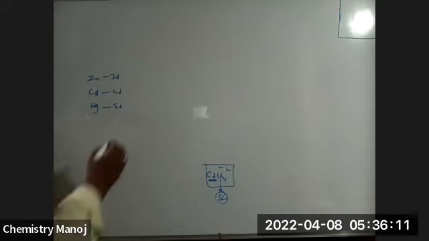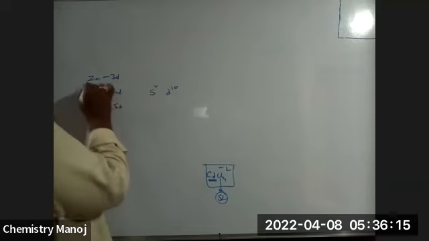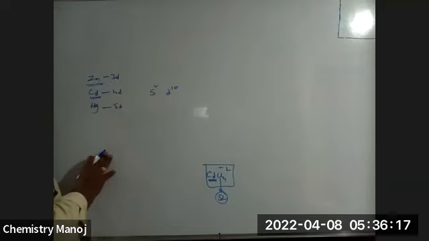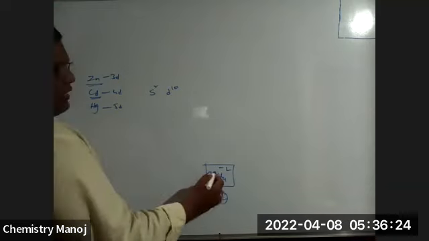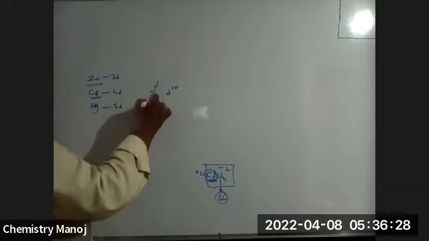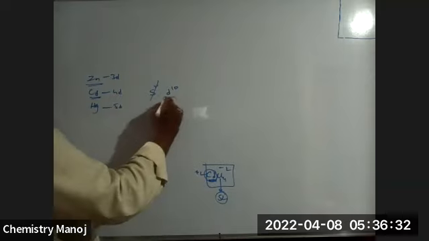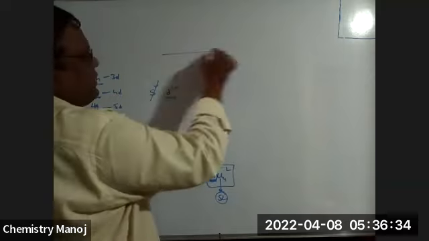Next, cadmium configuration. That is s2d10, just like zinc. Correct or wrong? Yes, sir. Correct. Now here cadmium is in the +2 oxidation state. Now the s2 electrons are lost. It is a d10 configuration.